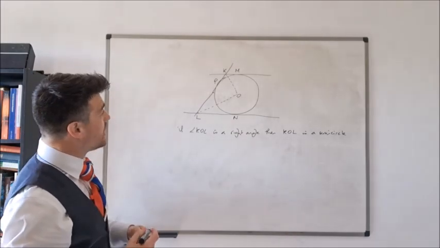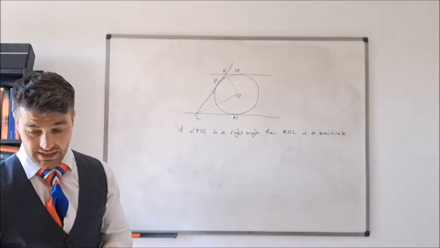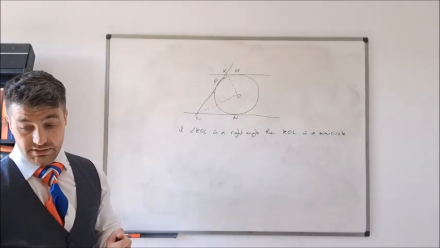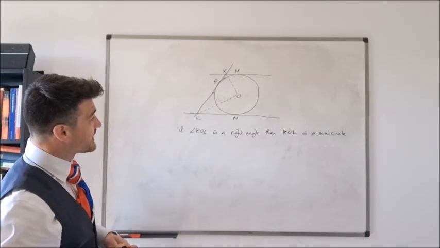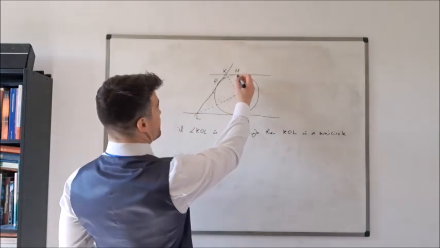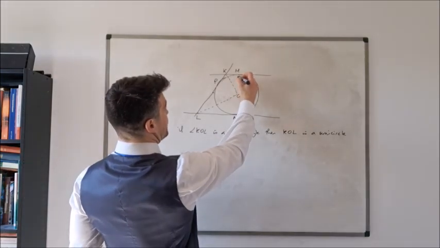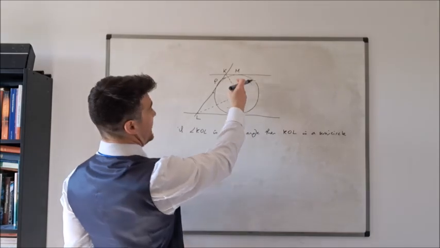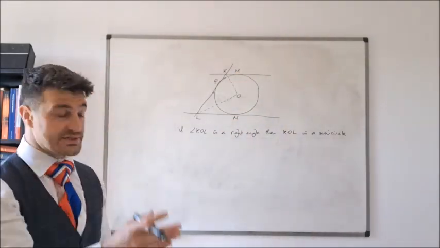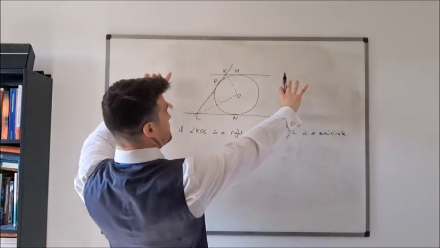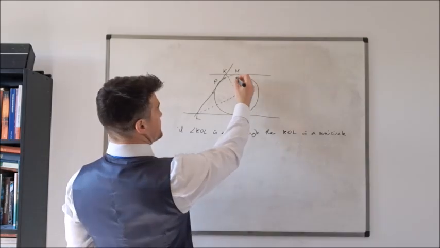Well, what I can do is form a cyclic quadrilateral in the following way. By drawing a line, remember M and N are going to be diametrically opposite because these are parallel tangents.